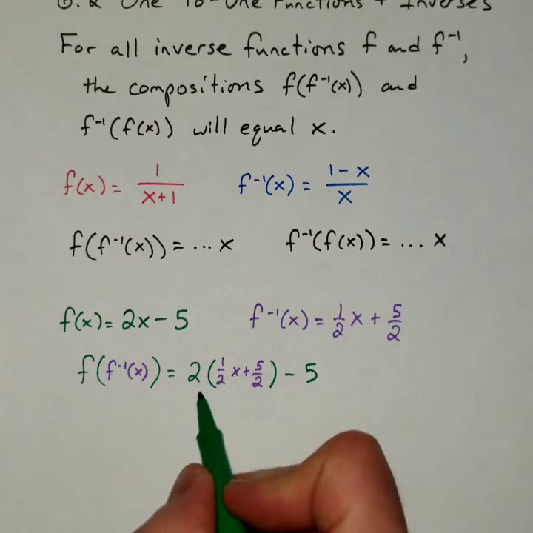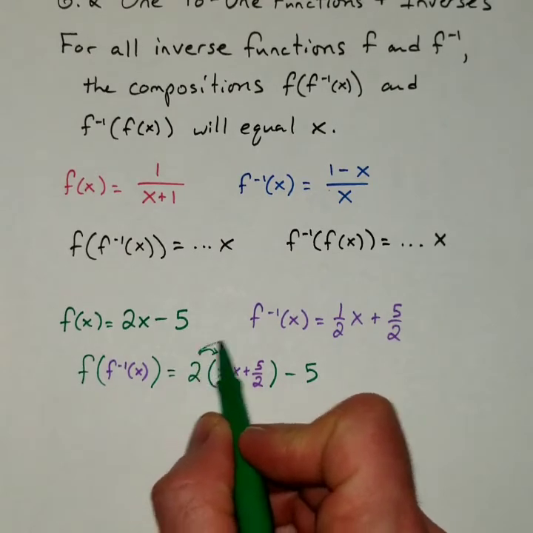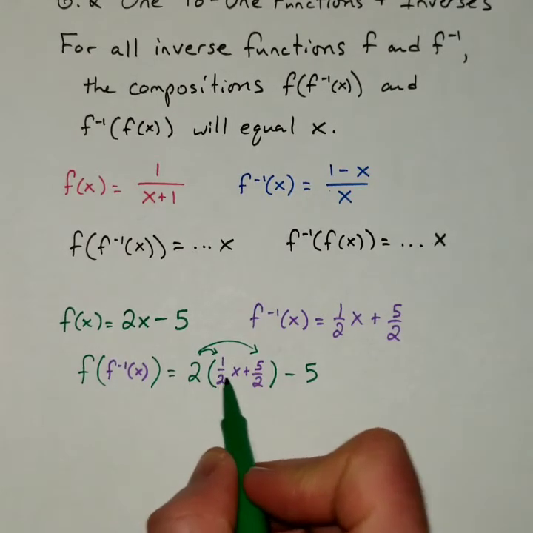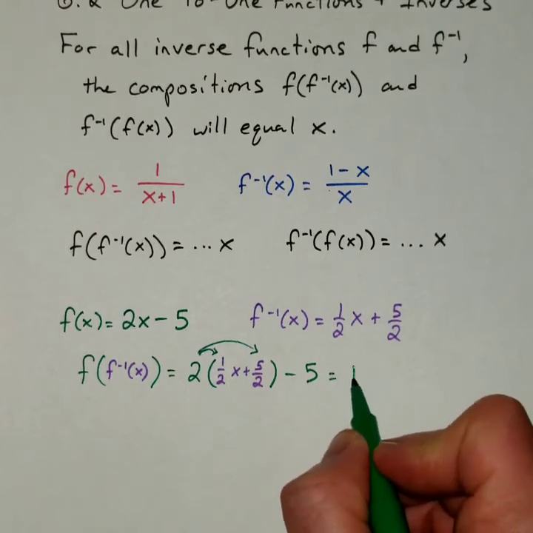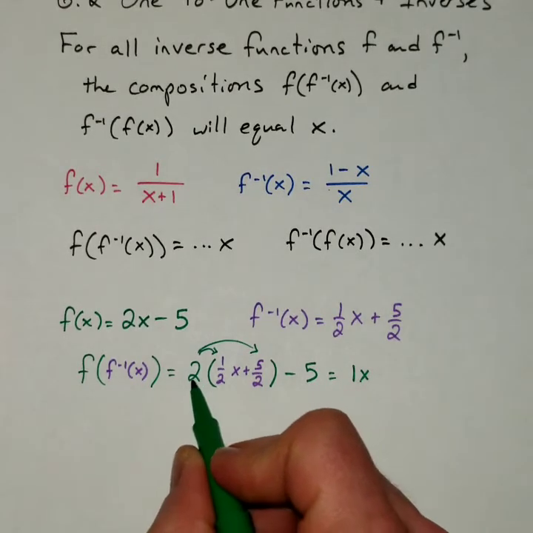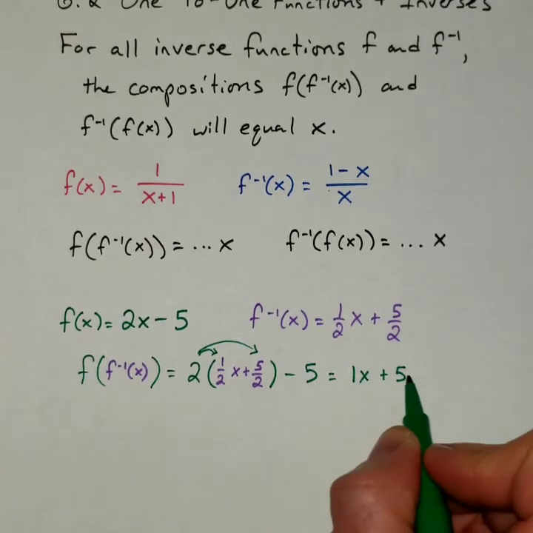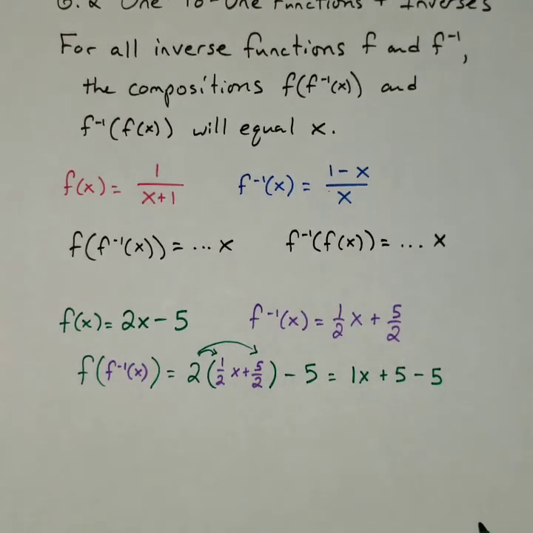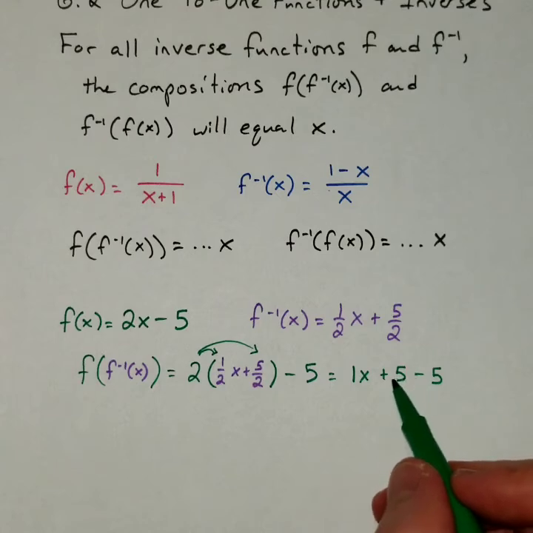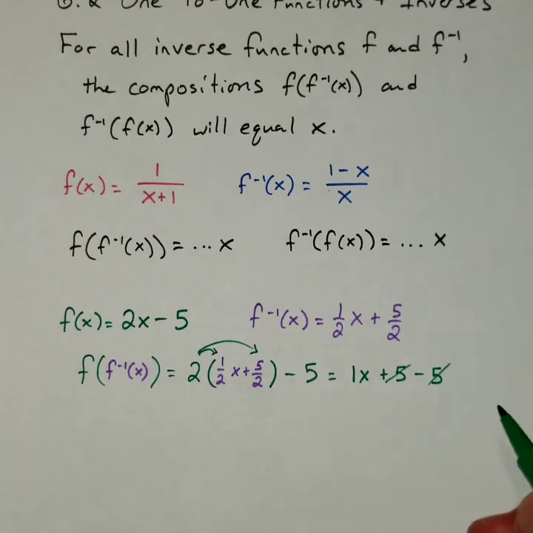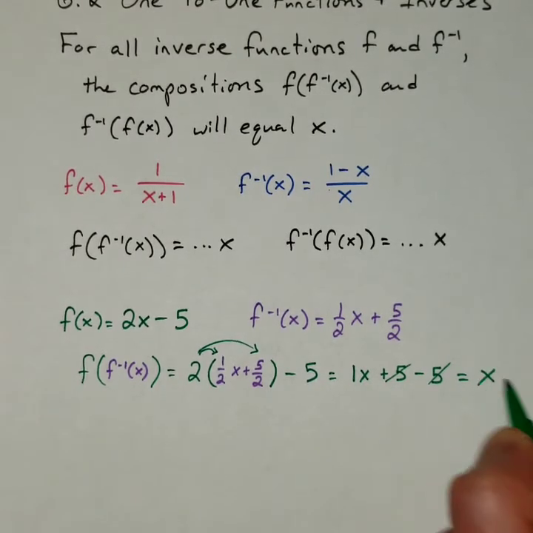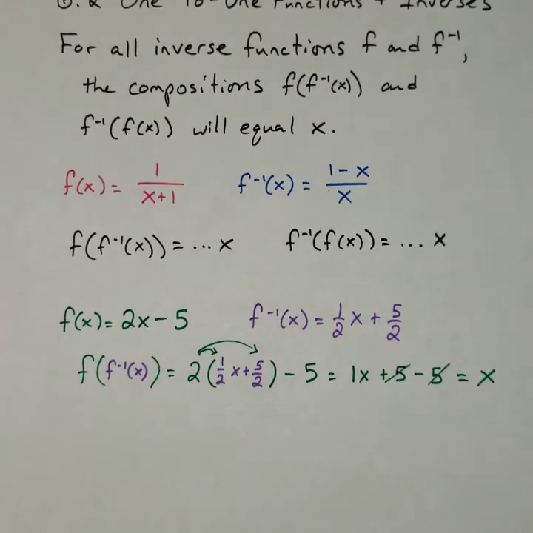When we distribute the 2, 2 times 1/2 is 1, and 2 times 5/2 is 5. Then I still have this minus 5. The plus 5 minus 5 add up to 0, and I'm simply left with 1x, or x. Okay, so there we have it.